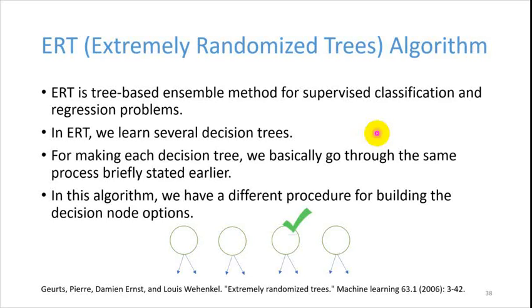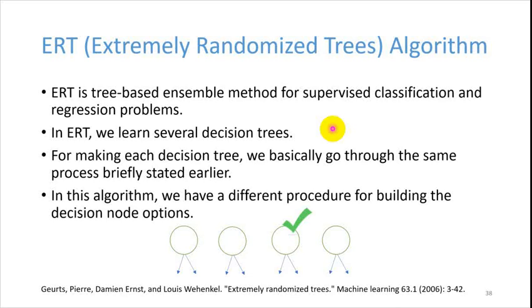So what is the ERT algorithm? The ERT algorithm is a tree-based ensemble learning method for supervised classification and regression problems. And we explained the important concepts that were needed for learning this algorithm earlier.